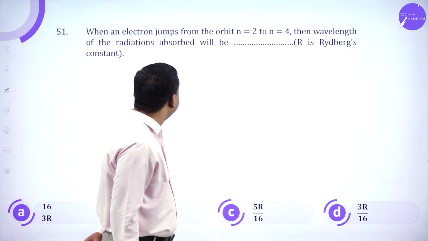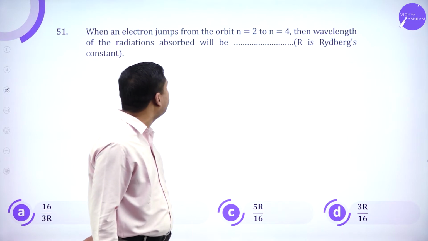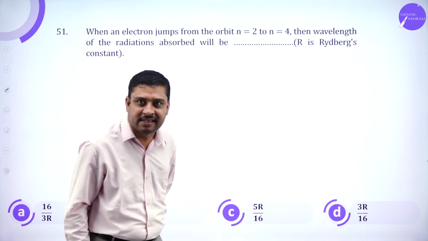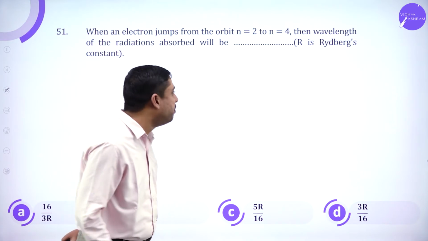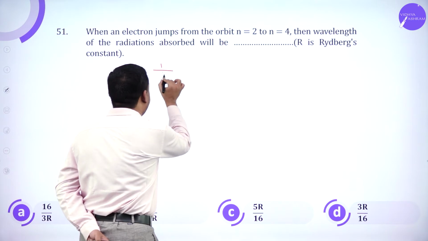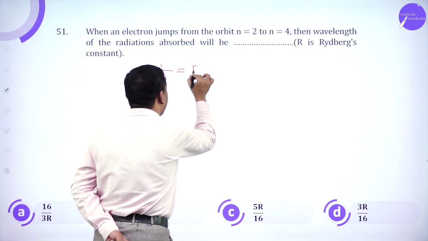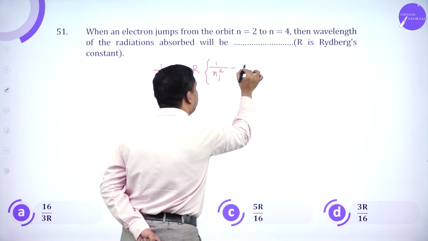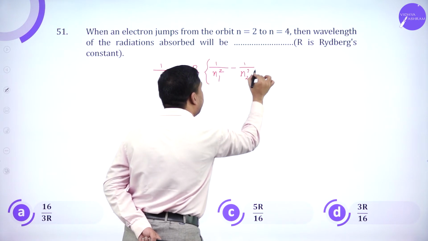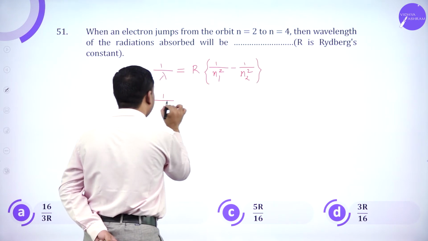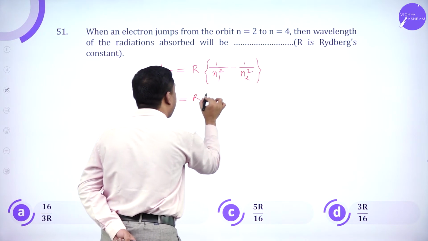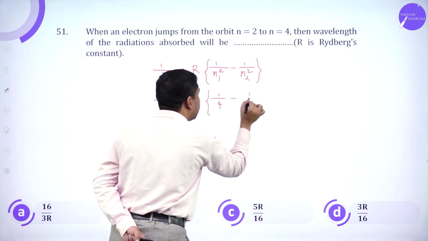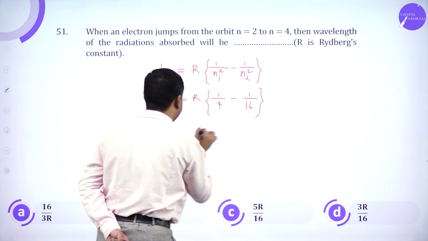When an electron jumps from the orbit n to orbit 4, then the wavelength of the absorbed radiations. The expression for wave number, we have written: 1 by lambda is R, which is Rydberg's constant, 1 by n1 square minus 1 by n2 square, or 1 by lambda is R into 1 by 4 minus 1 by 16.